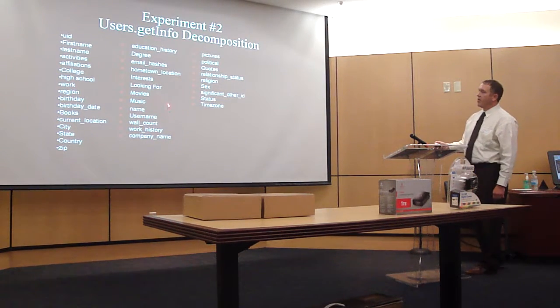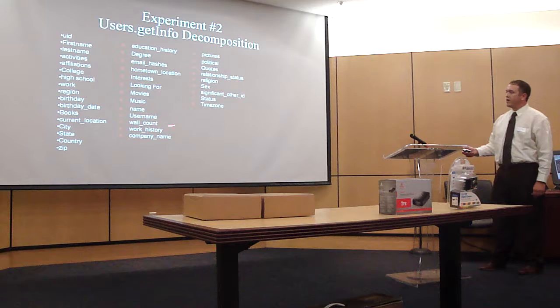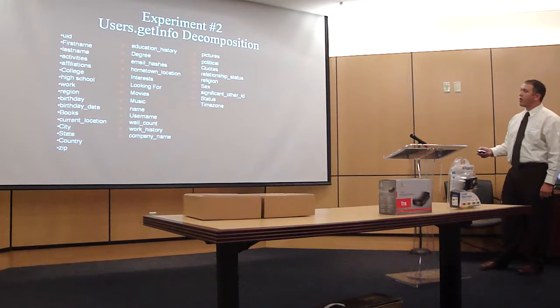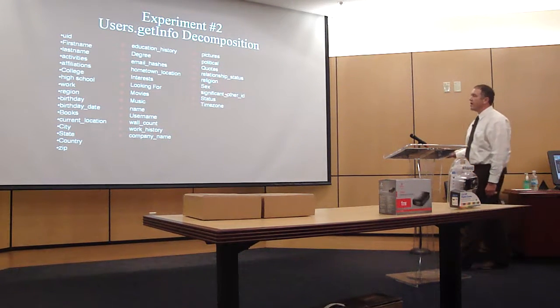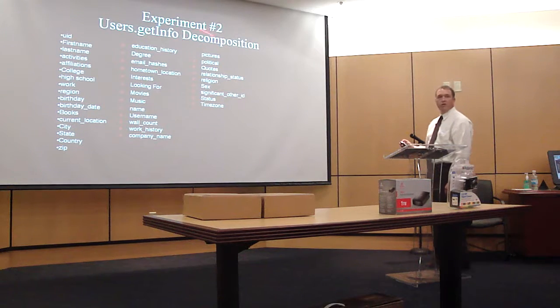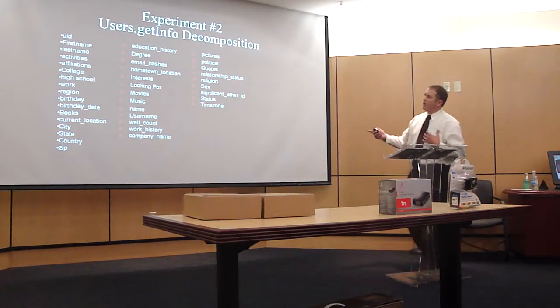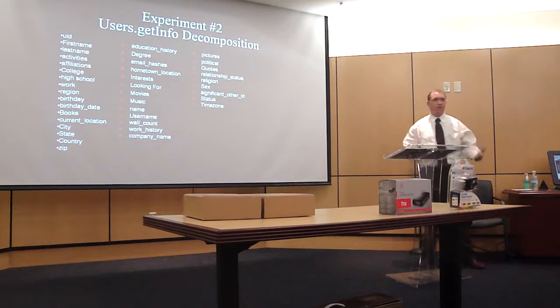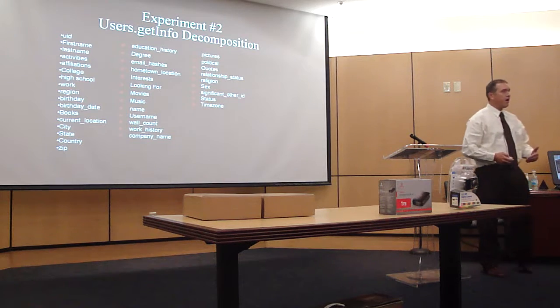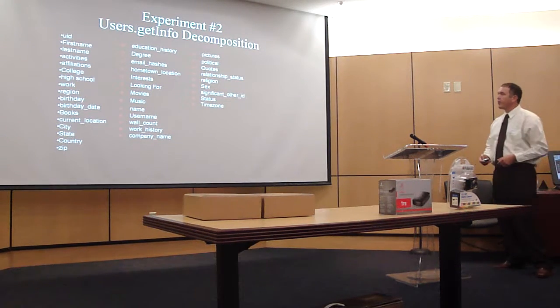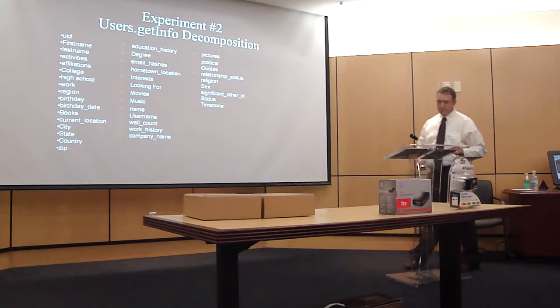You can get what they're interested in, their username, who you work for, your political affiliation. You can find out what the person looks like, and a whole bunch of other things here as well. So I just thought it was interesting to see that these are exposed out through the API through this specific method here, the users.getInfo.